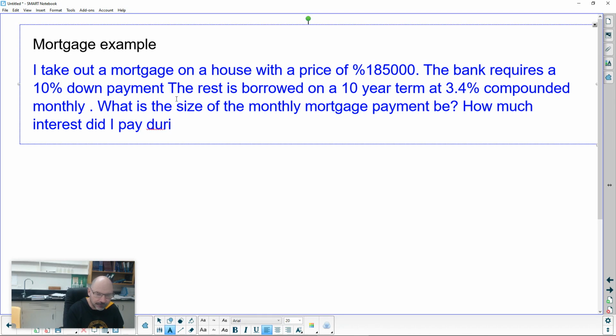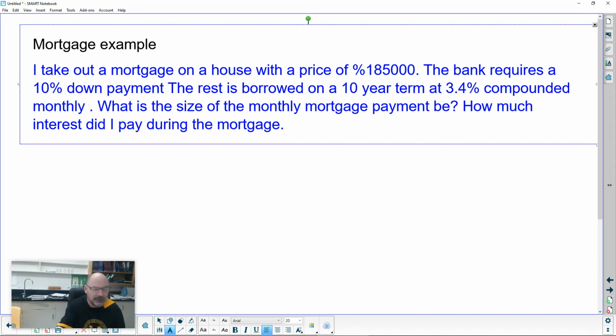Okay, so we'll do those similar to the first one. This is the very same type of problem in the sense that you're still looking for a size of regular payment here. Okay, so let's take a look at that.